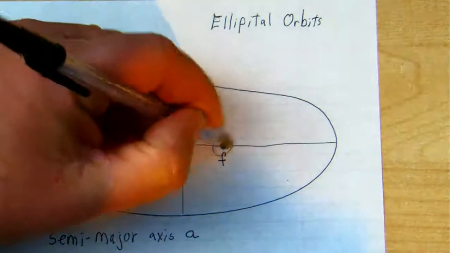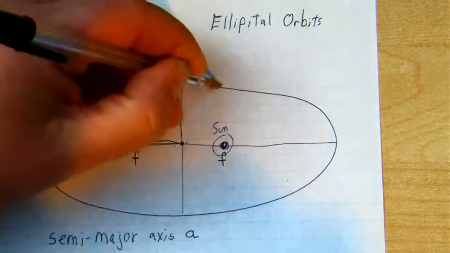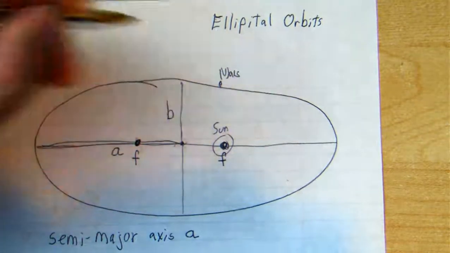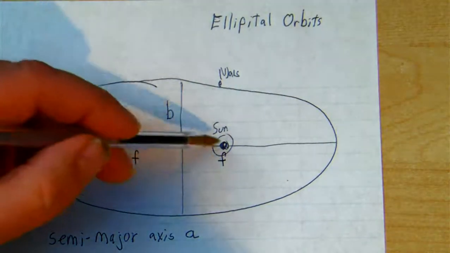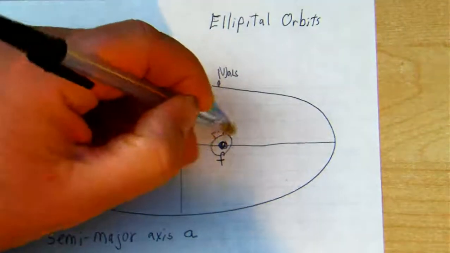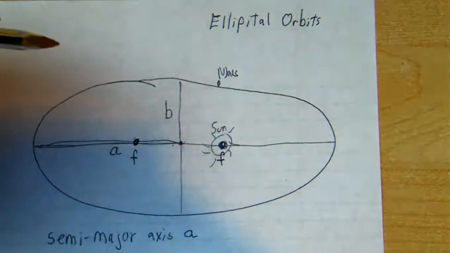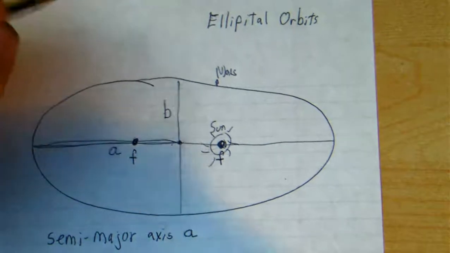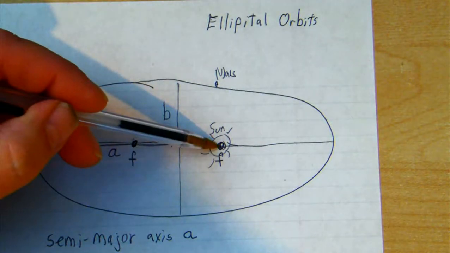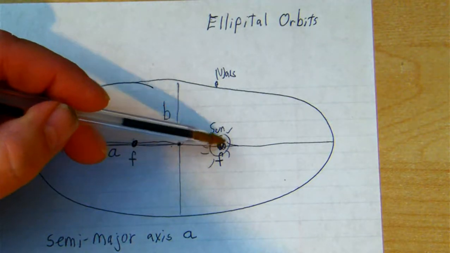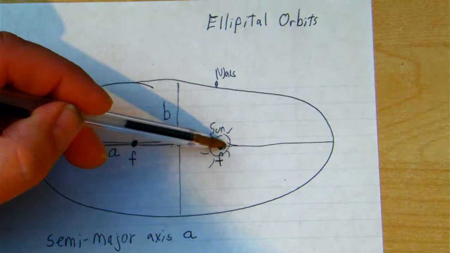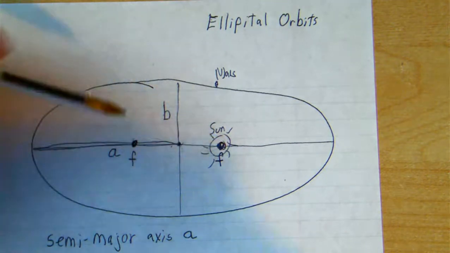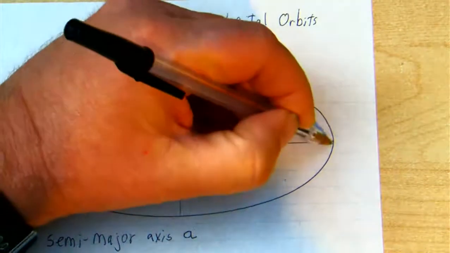So with the sun here and Mars in its elliptical orbit going around the sun, one of the laws that Kepler worked out is that when you are closest to the sun, you speed up and you're going really fast.